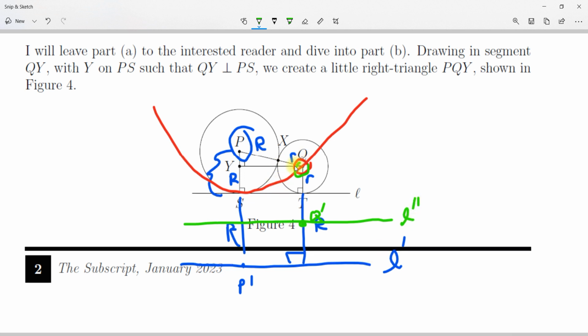And if I use this as my focus and this is my directrix, I'm going to get a parabola like this, where for every point on it I can create a circle that's tangent to the same line and to this circle. And you see it goes through P.